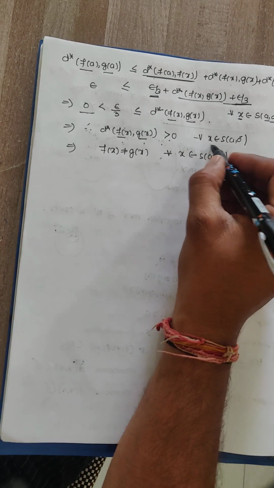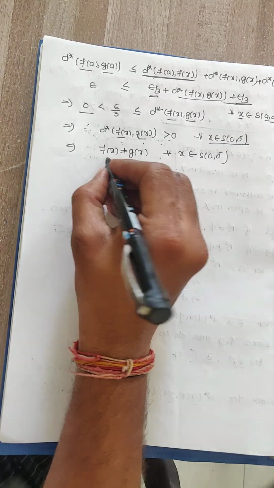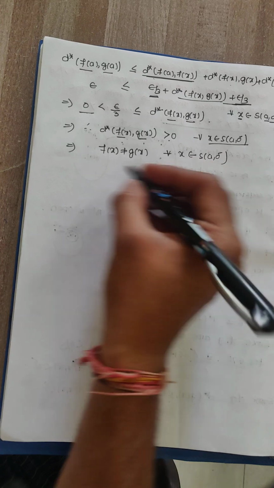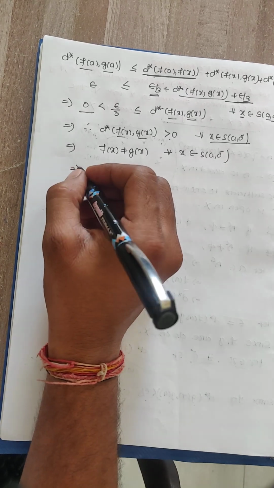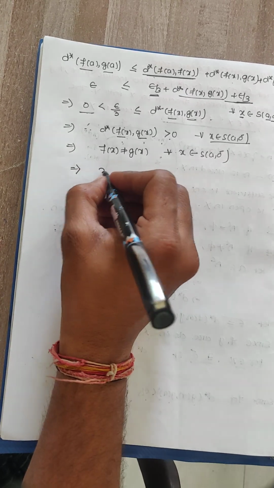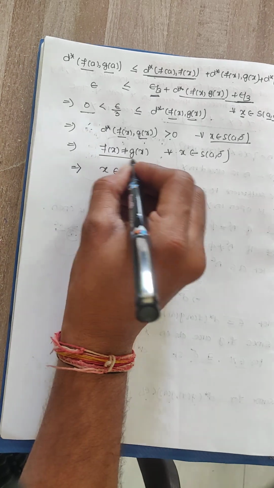And that is true for all x belonging to this neighborhood. So f(x) is not equal to g(x) for all x in this set. That implies x belongs to A complement, because they are not equal.